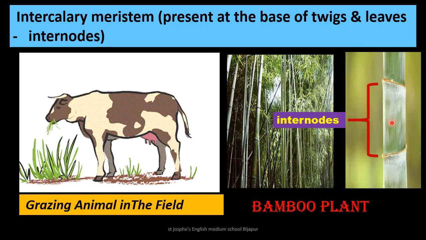So the internode that is present between two successive nodes is made up of permanent tissue.